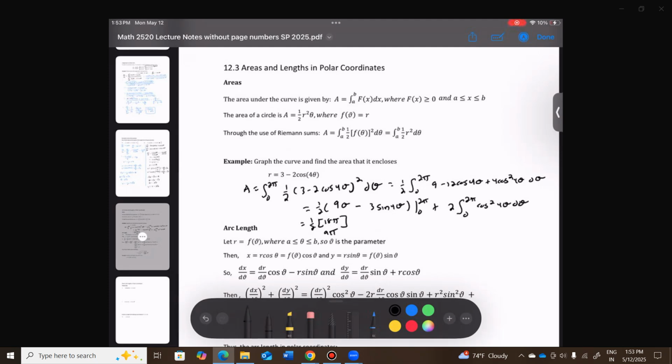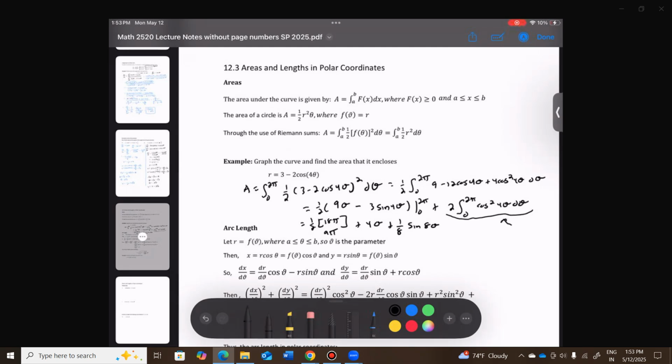Okay, now this section here, we did do this before in Calc 1, and the way it ends up being is you'll get theta plus 1/8 sine of 8 theta, where the 1/8 comes in from the derivative of the inside.